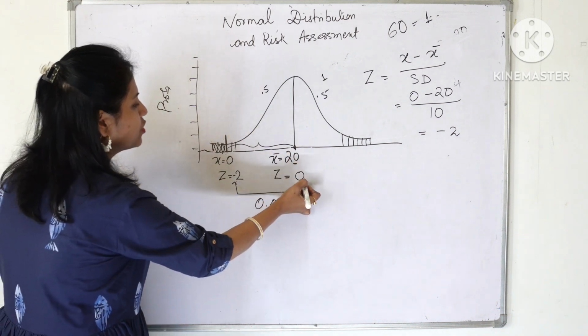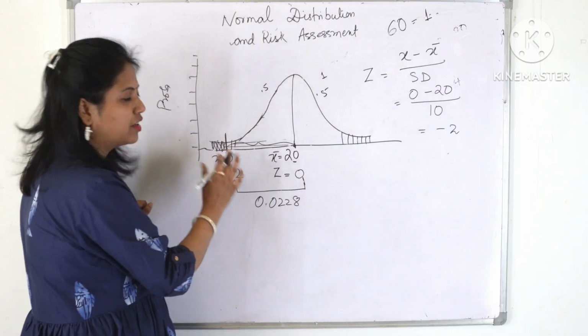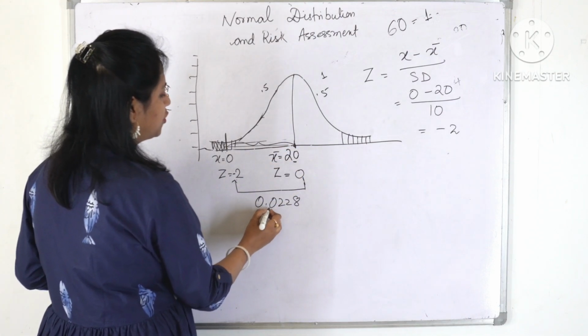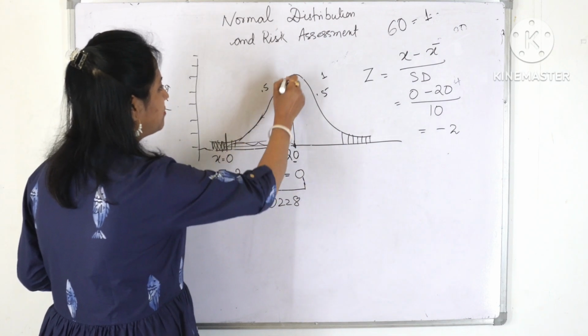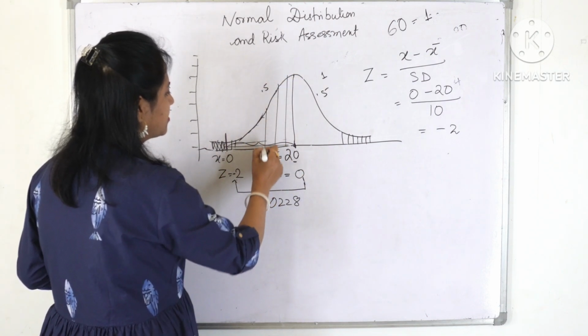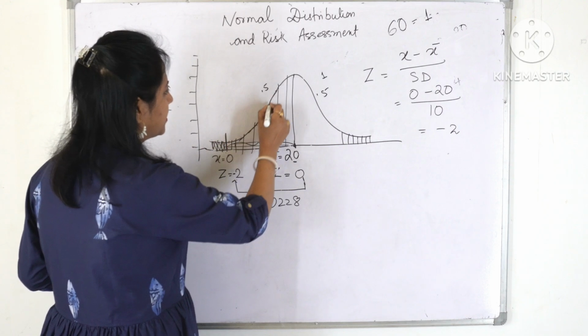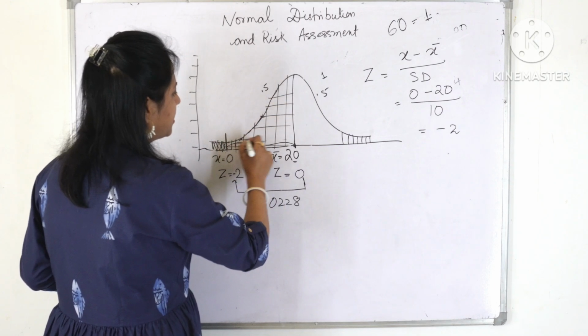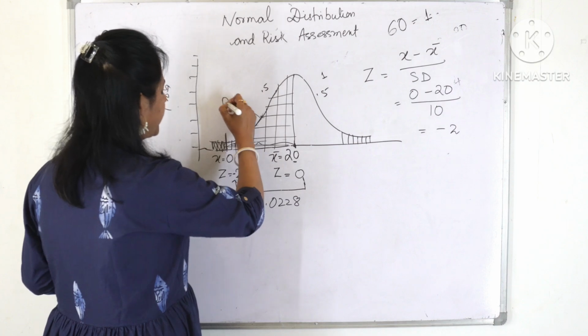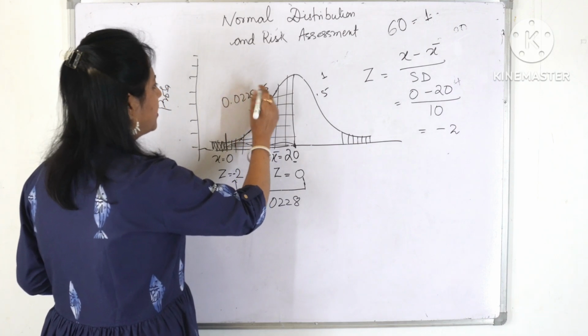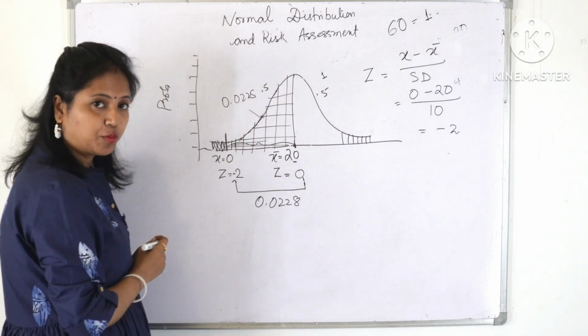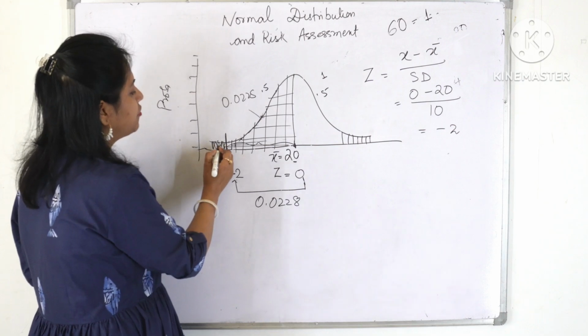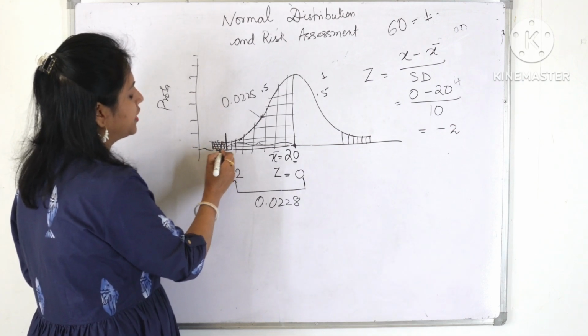This means that when z moves from 0, it covers an area of 0.0228. That means this area is 0.0228. Now I'm interested to know the probability of earning 0 or less than 0.